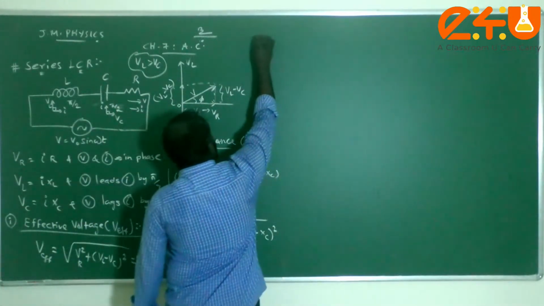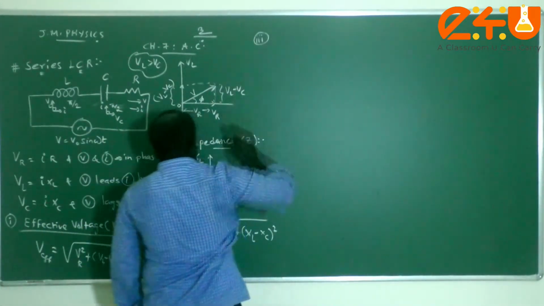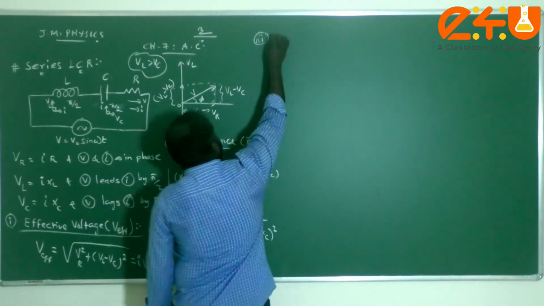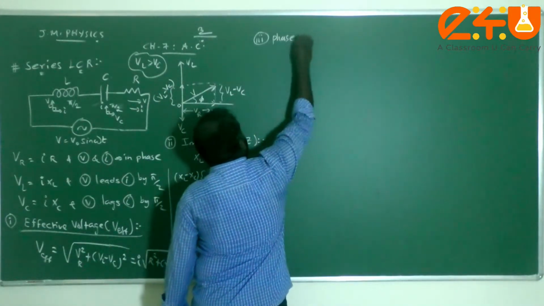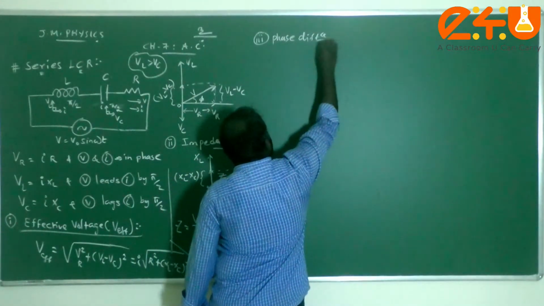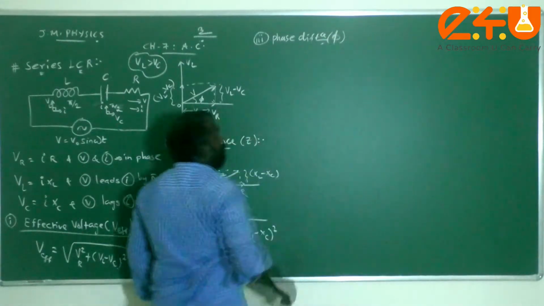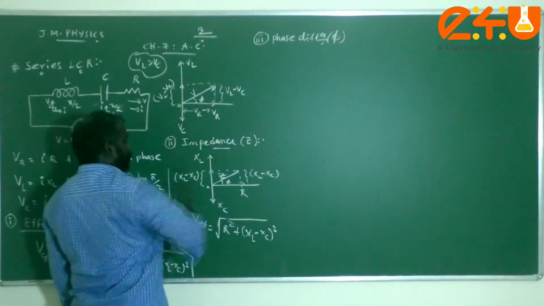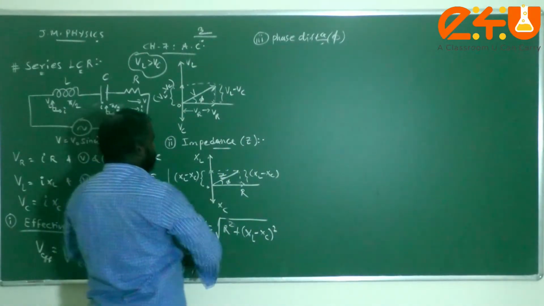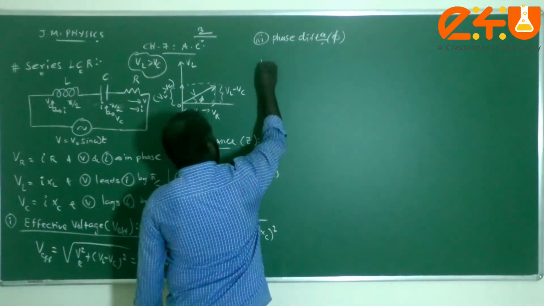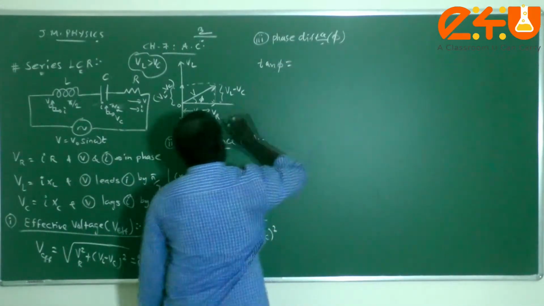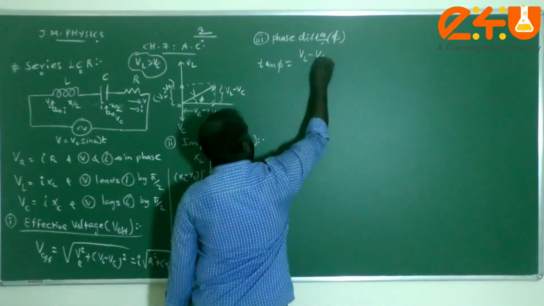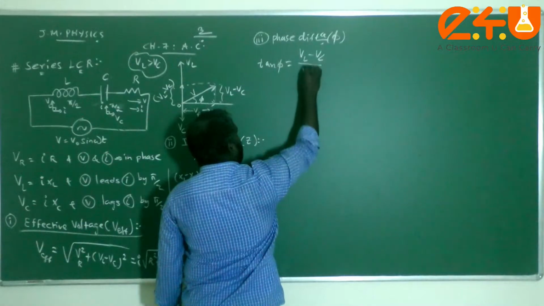Now the third parameter we are going to derive is the phase relation, or phase difference, between current and voltage, that is phi value. Phase difference between current and voltage. So from this diagram, either the voltage phasor or impedance phasor diagram, we can write that tan phi is opposite by adjacent side, that is VL minus VC divided by VR.